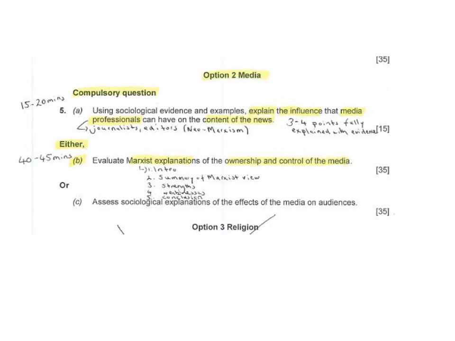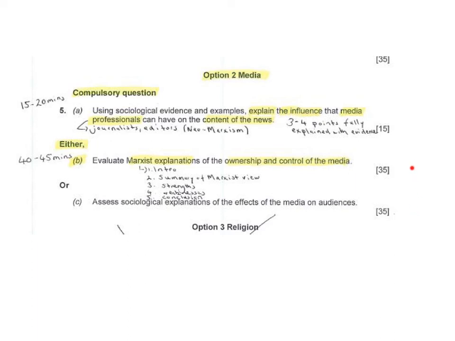And if the examiner uses the term media professionals, I'd be thinking that I need to discuss the role of the people that work within the media, people like journalists and editors, and I'd be thinking of linking that to the neo-Marxist perspective.